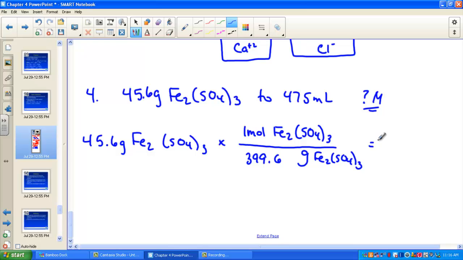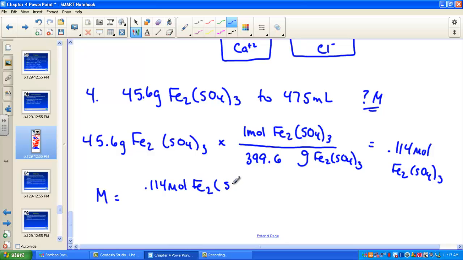Let's use that molar mass. Take my grams given to me in the problem, 45.6, divide by that formula weight we just found, and I have 0.114 moles of our compound. Now we can use that to find the molarity. Our number of moles we just found of our iron 3 sulfate per liter of solution.